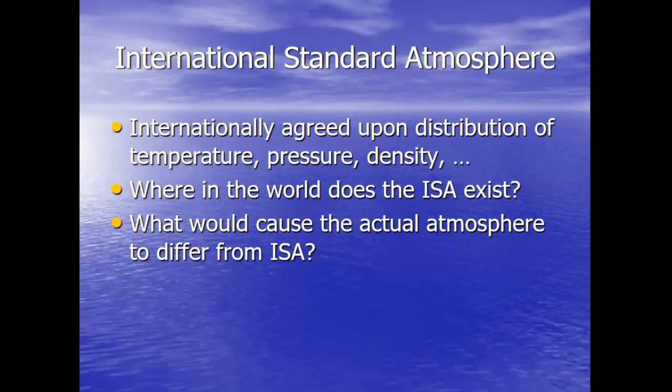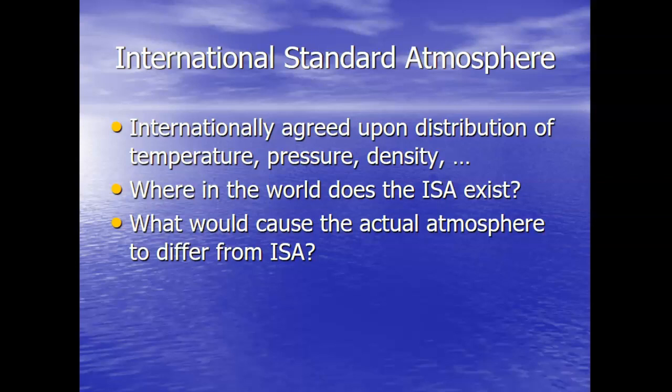Just some terms to remember: the International Standard Atmosphere, or ISA, is the internationally agreed upon distribution of temperature, pressure, and density. So in the early days of aviation, the international community got together and decided what the standard sea level temperature, pressure, and density would be, so everyone could work from the same basis.